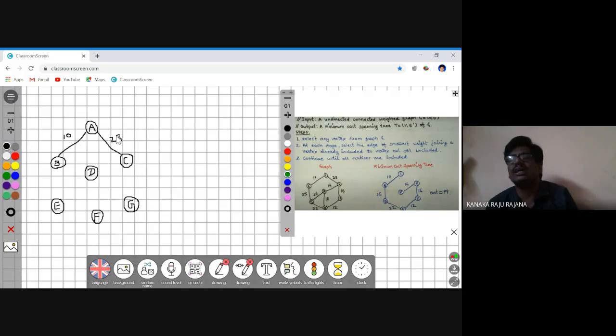It is not essential to use the same weights to plot your respective graph. Now I'm going to consider one more weight between D and F. So after framing this, I'll use all my weights.